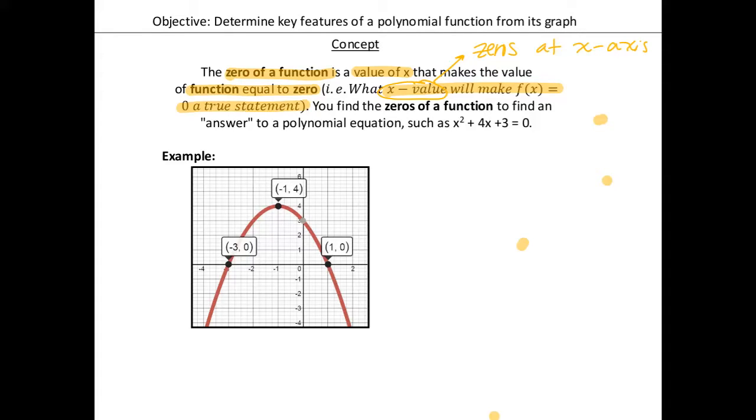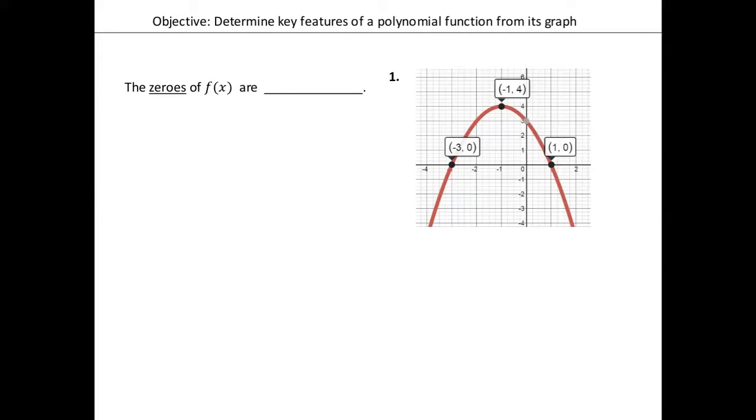If I look at this example here, where am I crossing the x-axis? I'm crossing right here at the -3, 0. So the x value is -3, so my zero is -3. The other place I'm crossing the x-axis is over here at 1, 0. So the x value is 1, so my zero is 1. So if I look at this first example here, I have the zeros of f of x are blank. This is on your notes now. It's the first graph, example number 1, and we're looking at the first blank.